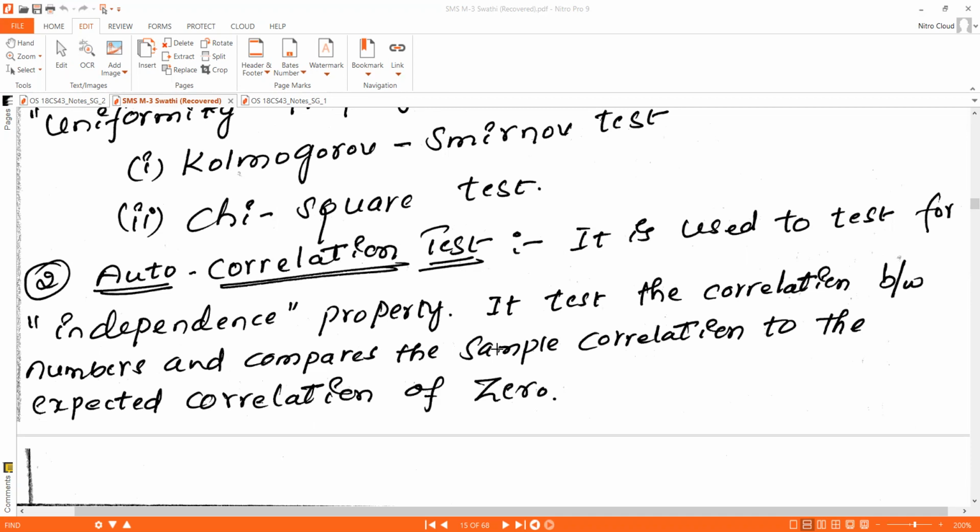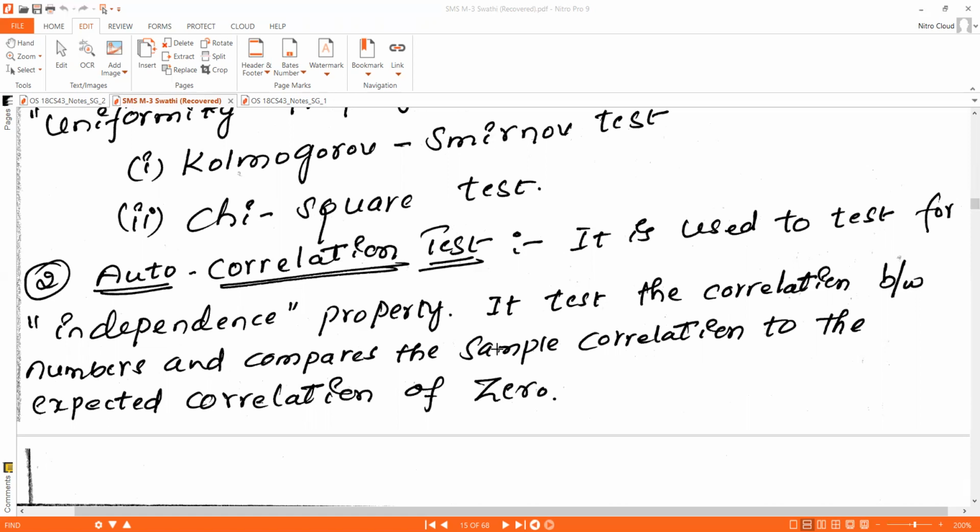It will be tested by using the autocorrelation test. The autocorrelation test is to check the independence property of random numbers.